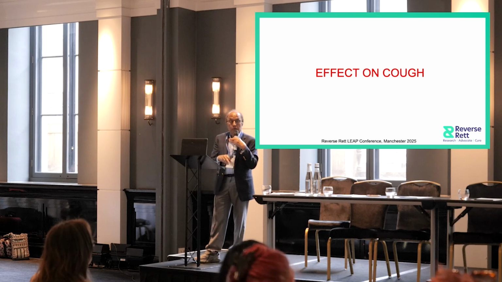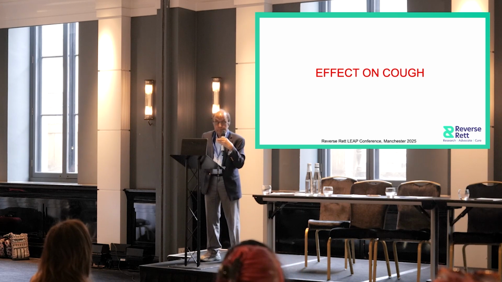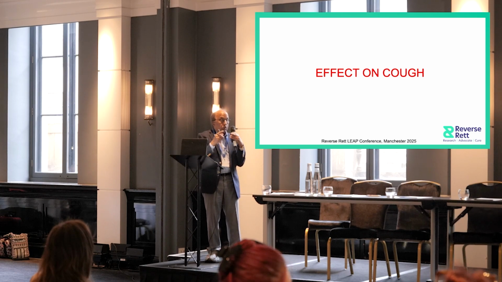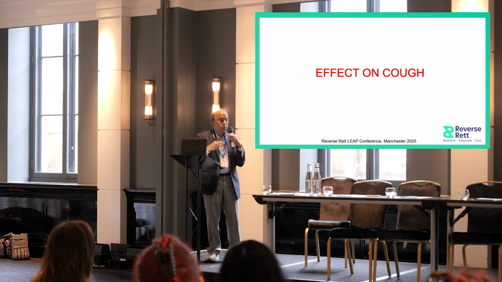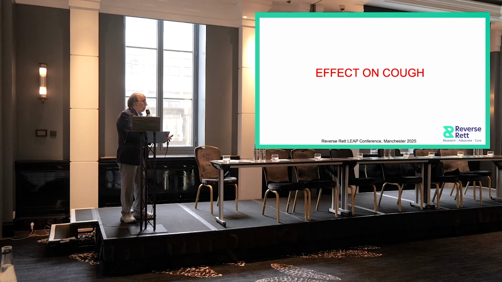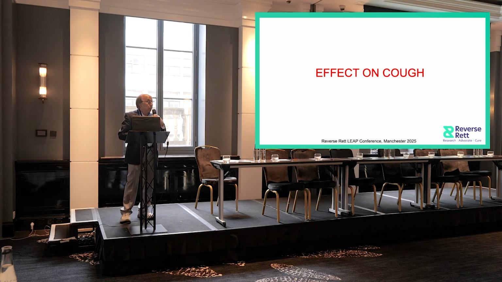Now, what is the effect on cough? Before I go into that, I want to briefly tell you how we cough. Remember, we talked about the vocal cords, abduction, adduction, closing and opening. So when I want to cough, what I do is take a breath in, and the depth of the breath depends upon my intended effort, how strong I want the cough to be.